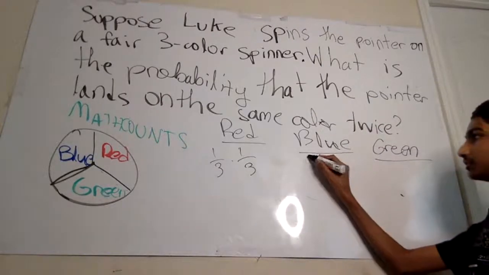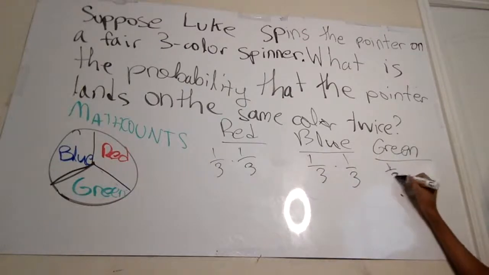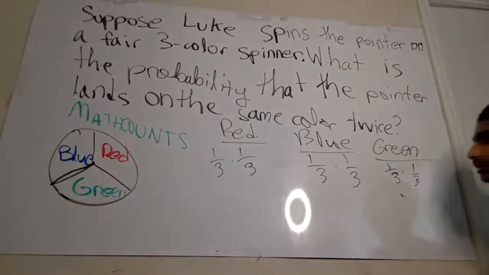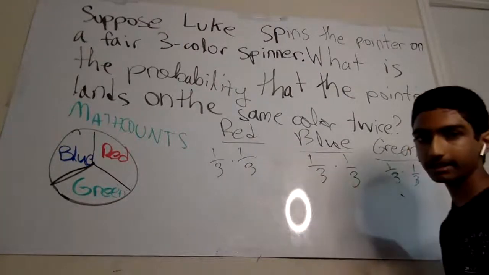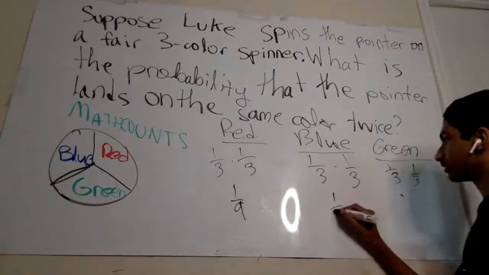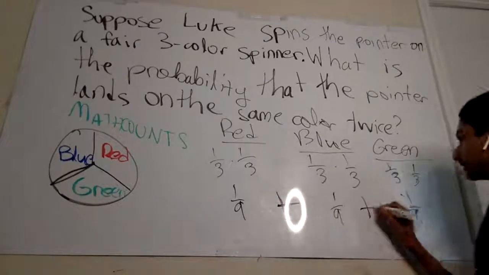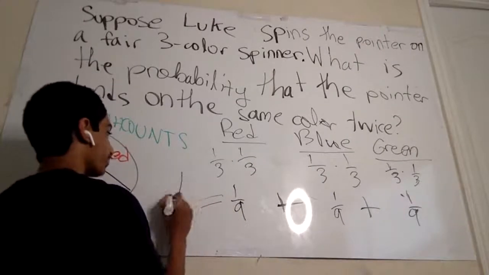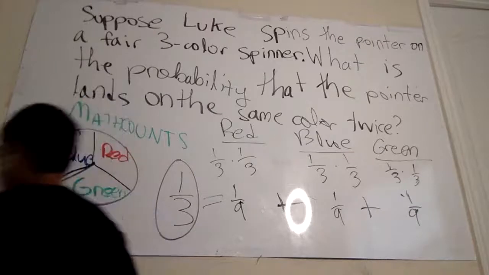So we can do the same thing with blue, 1/3 times 1/3, and green, 1/3 times 1/3. So 1/3 times 1/3 is just 1/9. And in this case, we have 1/9 right here and 1/9 right here. So that's just 3 times 1/9. And in that case, that is just 3/9 or 1/3. And that's our answer for this problem.